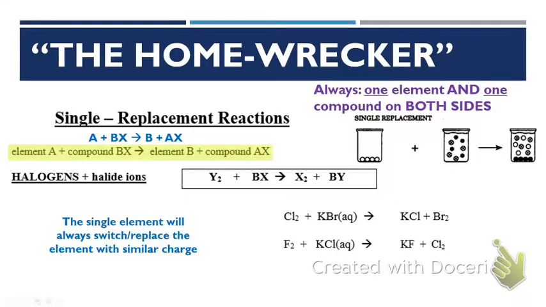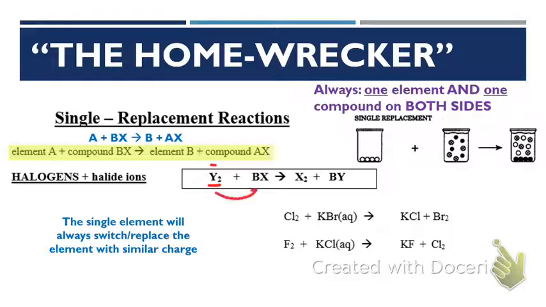Now, we have another little kind of caveat here, and I'm not going to go into too much detail, or I'm going to try not to. But the single element is always going to switch and replace the element with the same charge. So there's kind of two different types of single replacement reactions, but you don't really have to worry about them too much. It'll make a little bit more sense later when we go into more detail on these, because we will. But if we imagine that single element is a halogen, Y, halogens like to become negative.